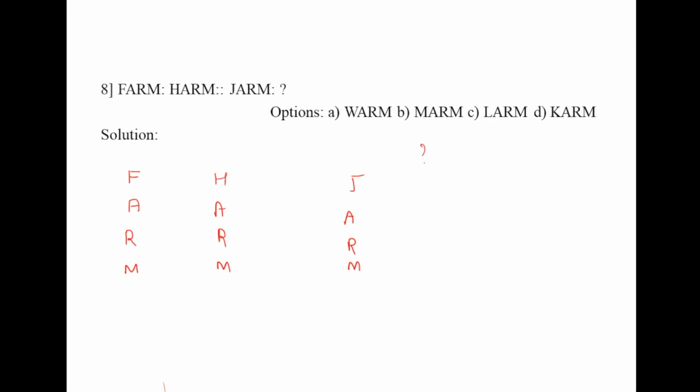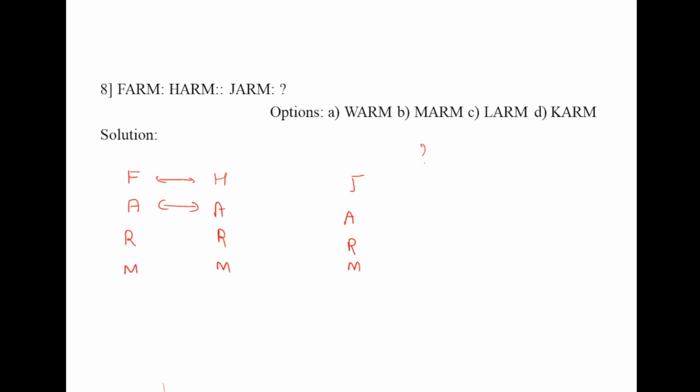See here, again I will write in column-wise direction FARM, HARM and JARM, and I want to find what the question mark is. When you look at this question, only the first letter of each changes.